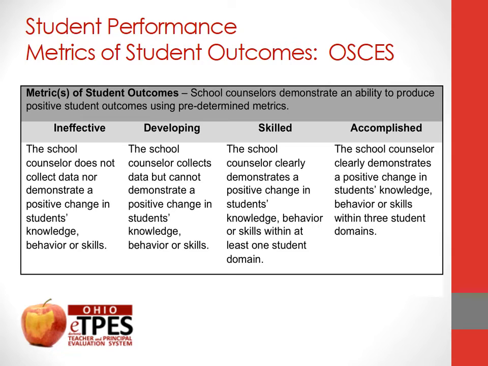In order to earn the Accomplished rating, the school counselor will clearly demonstrate a positive change in students' knowledge, behavior, or skills within the 3 student domains. Those domains focus on academics, career, and social emotional skills.